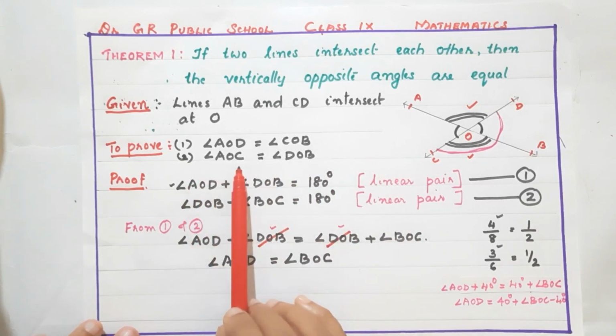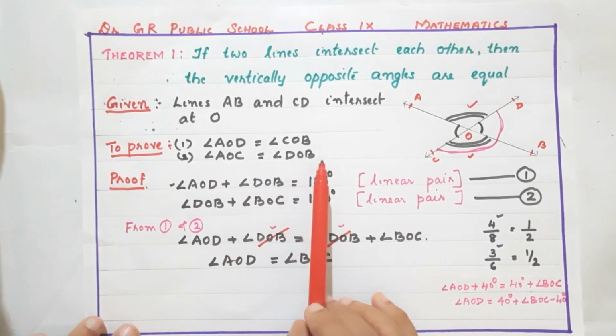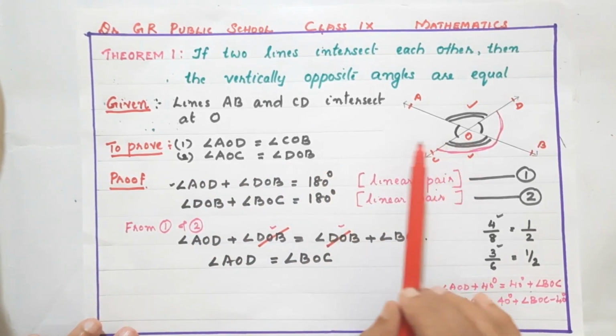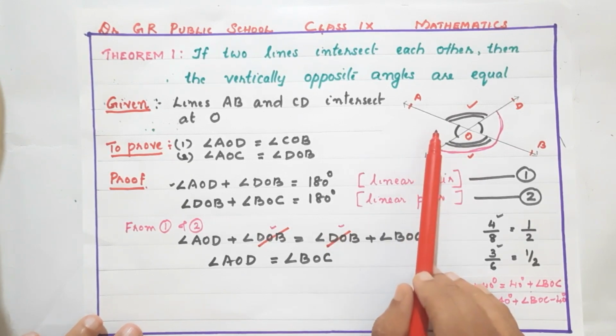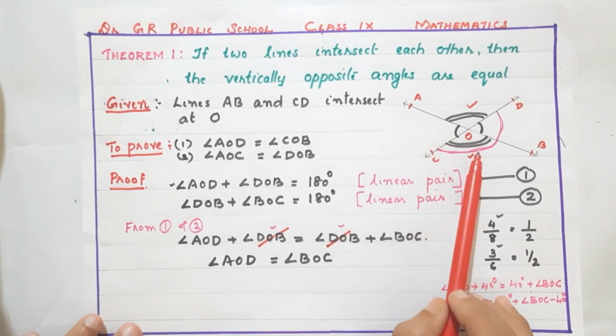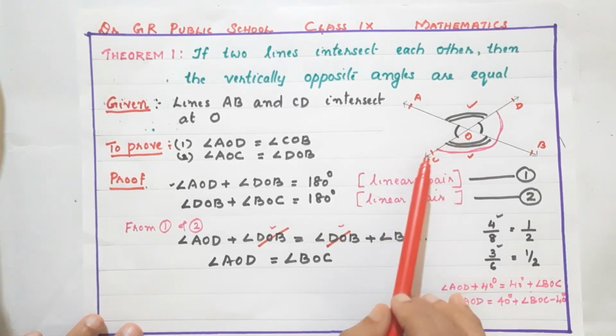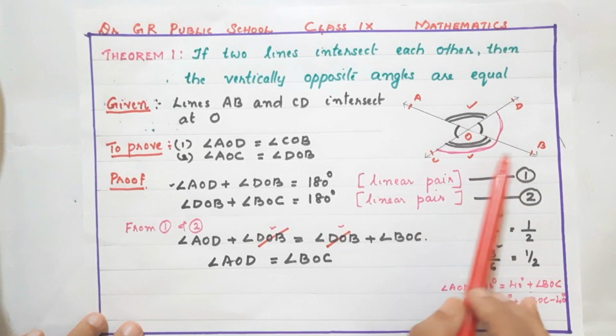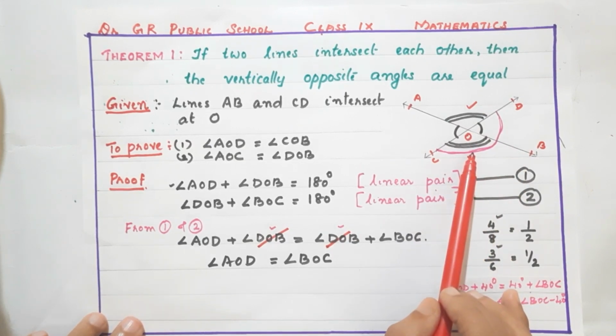To prove angle AOC equal to DOB, consider the linear pair AOC, this one, and BOC. So AOC plus COB is equal to 180.